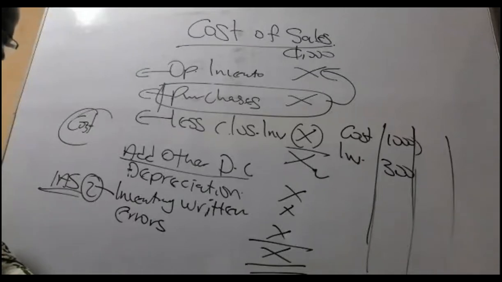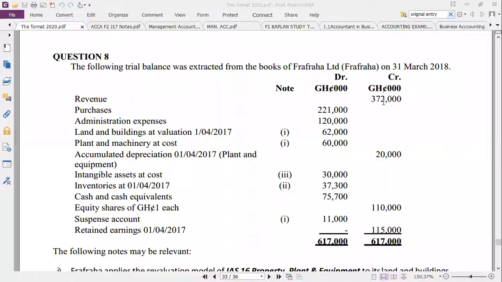Now let's see with this question. So I wish you can calculate it for me now. Okay, so revenue is there, 272,000. Purchases, 221. So once I see purchases, any inventory figure, whether they inform me or not, is the opening inventory.